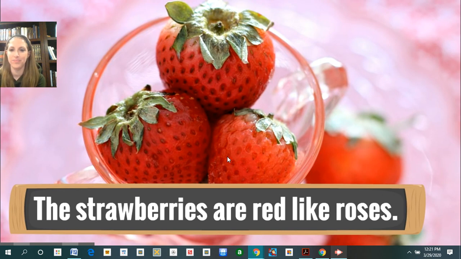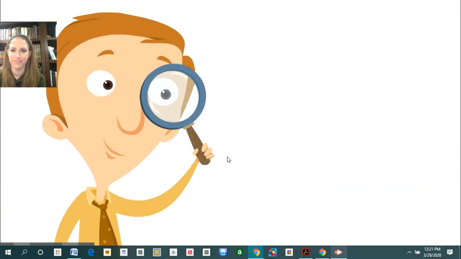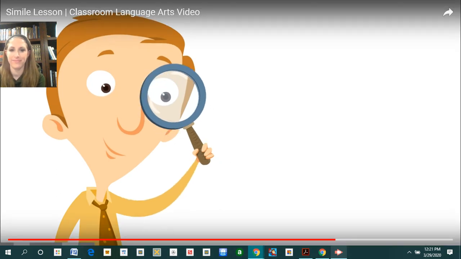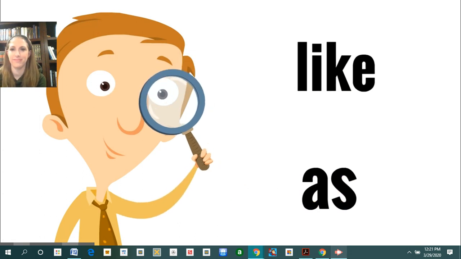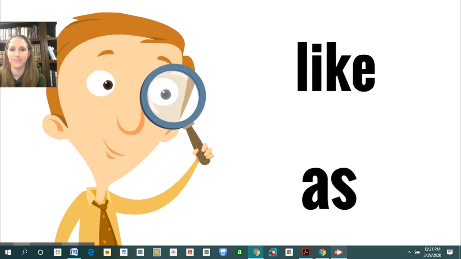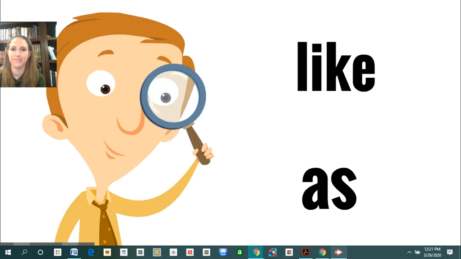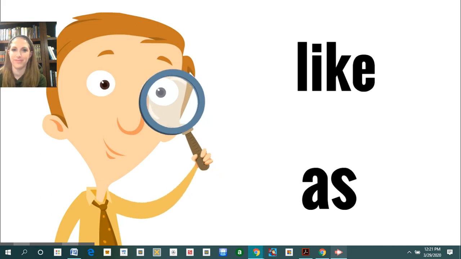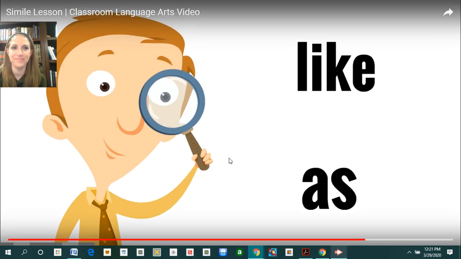This is a simile. Similes are easy to spot. A simile is a comparison and you're looking for one of two words. You're hunting for the word like or as. If the comparison uses either of these words, you know it's a simile. And what's cool is, now you can use the word like or the word as in your comparisons to make your very own similes. Isn't that awesome?